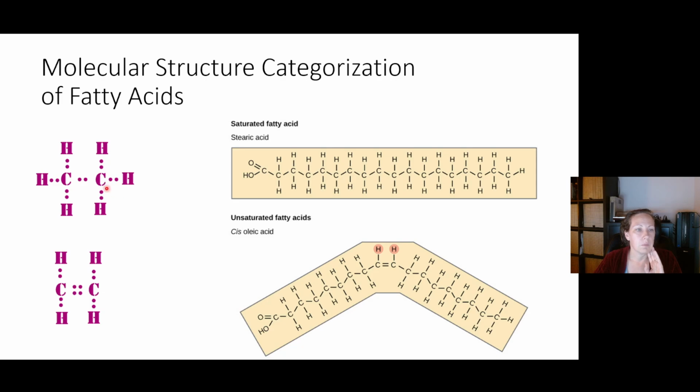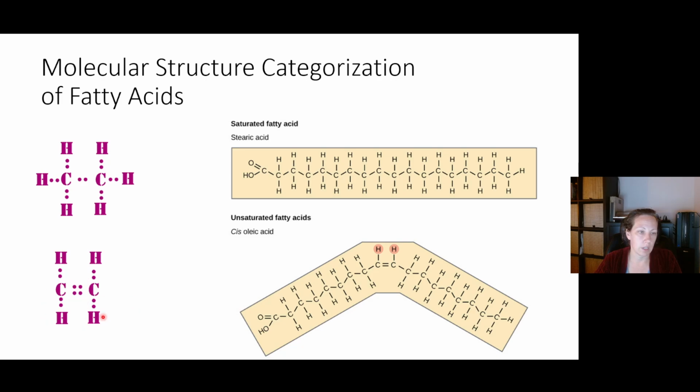Okay, so let's say this carbon here, we have the 4. One is with hydrogen, one's with hydrogen, one's with hydrogen, and one is with carbon. This is a saturated molecule. But if there are fewer hydrogens, the carbons can and will form double bonds with each other to fulfill the bonding requirements.